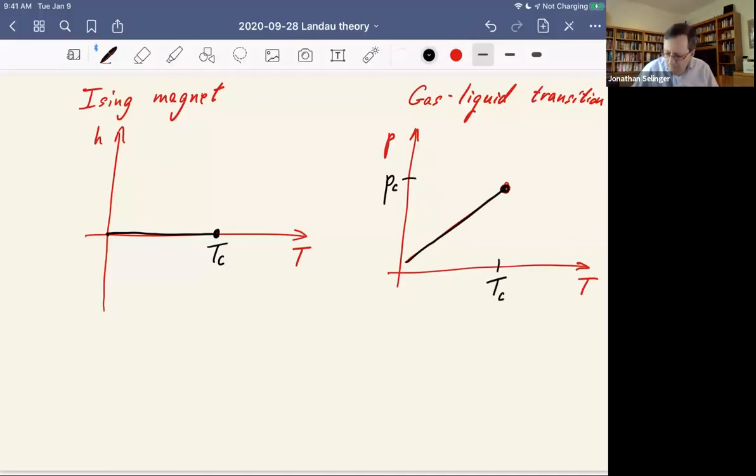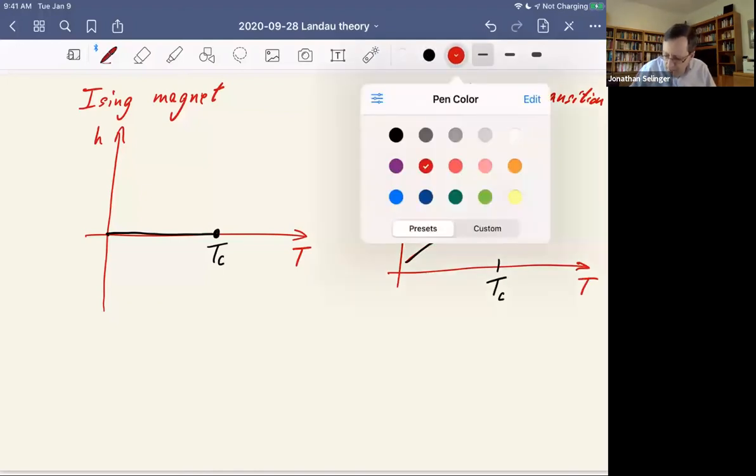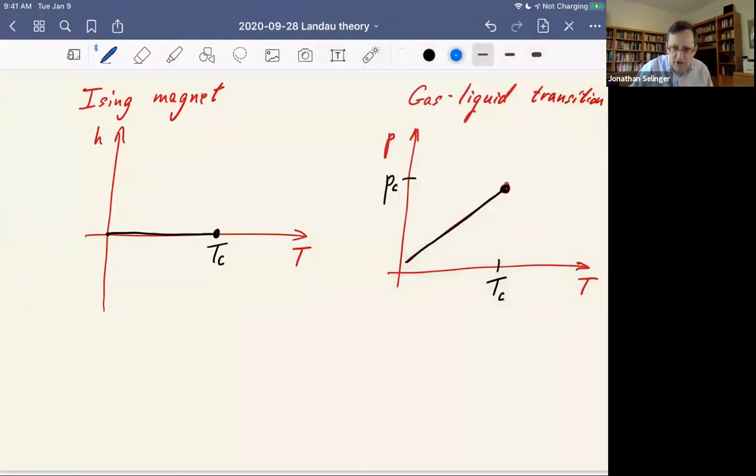And so we know that if you cross the solid line in either case, there's a discontinuity in an order parameter, right?